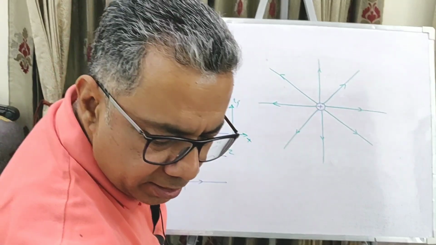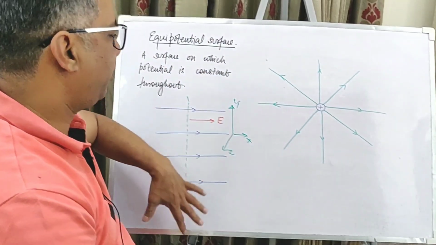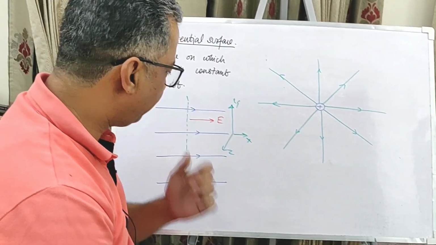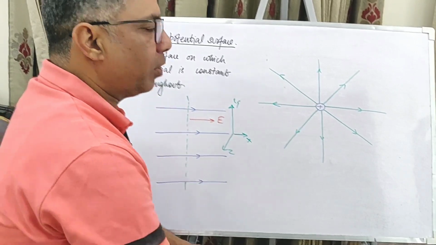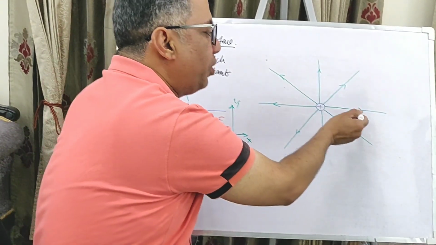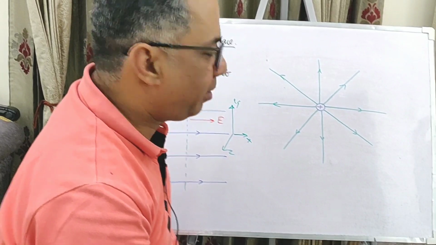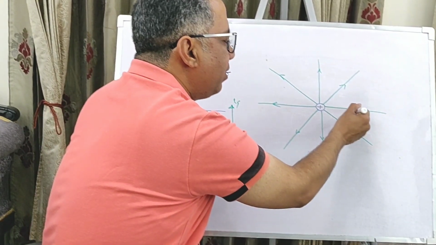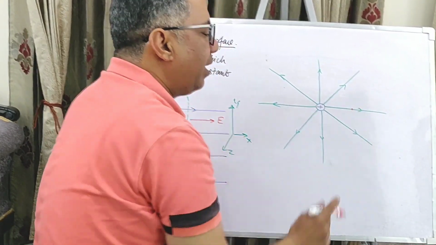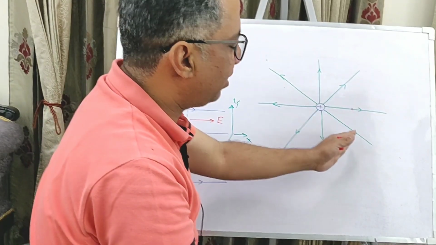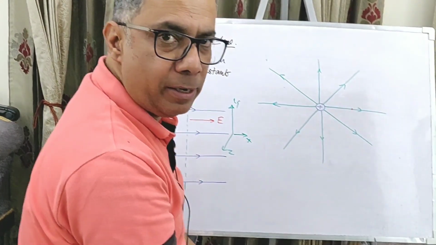Now, if you are interested in showing an equipotential surface here, you'll be drawing a surface to which all these lines are perpendicular. So I start drawing a surface from here, and that surface needs to be such that this line is perpendicular to it.